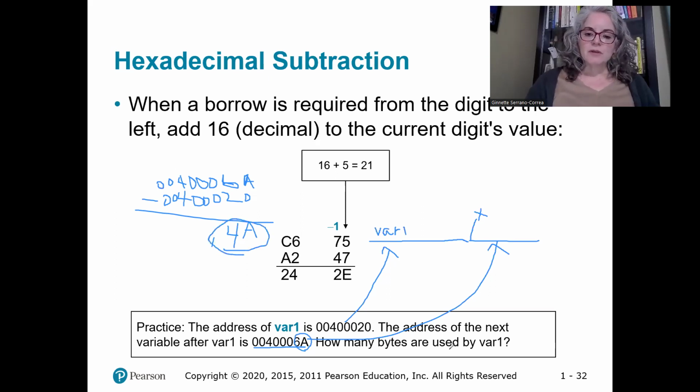So what we have to do to figure out how many bytes are between these, you're going to convert this to a decimal number. So to convert to a decimal number, you're going to say 16 to the power of 0 times 10, and this one is 16 to the power of 1 times 4.